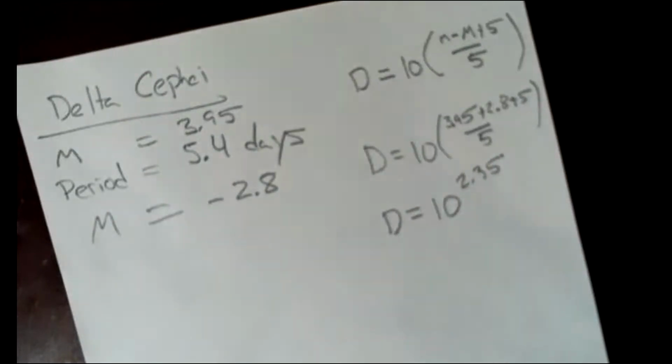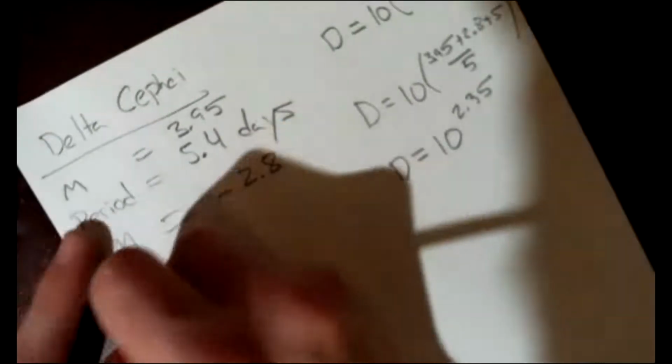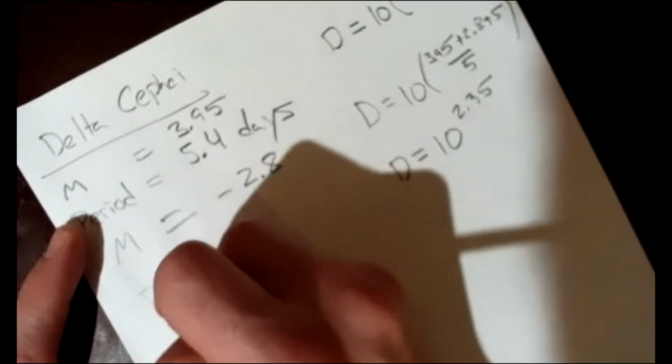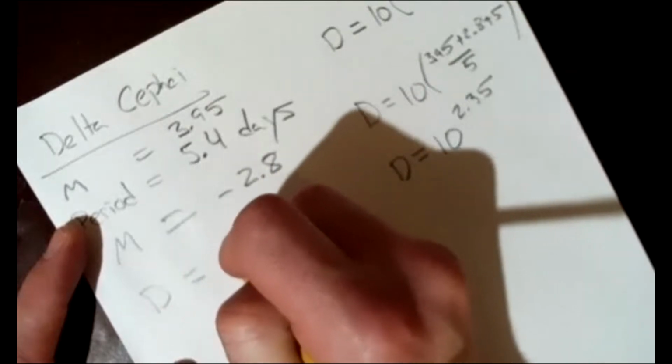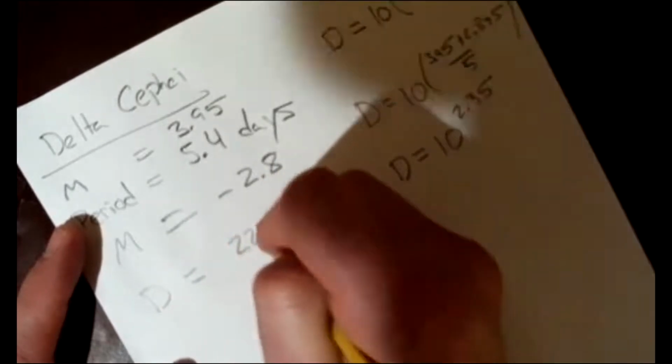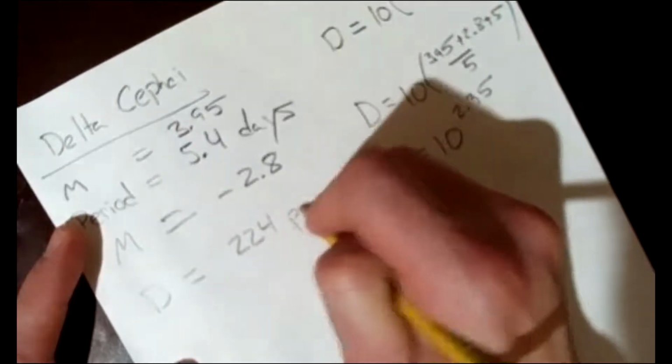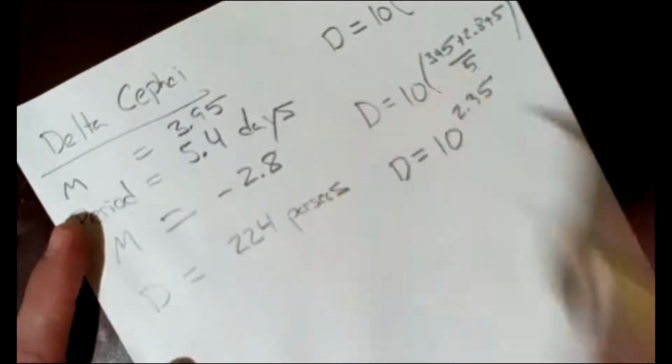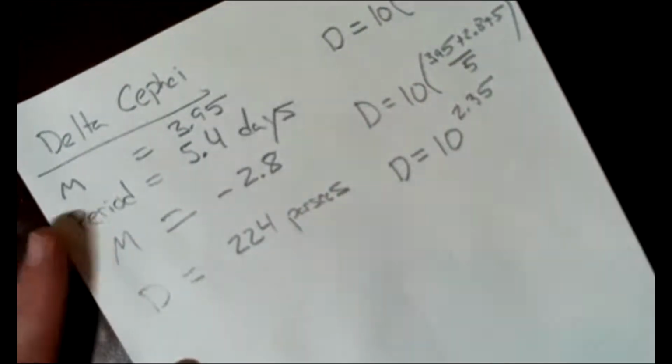So 10 raised to the 2.35. Again, put that in my calculator to get a distance of 224.